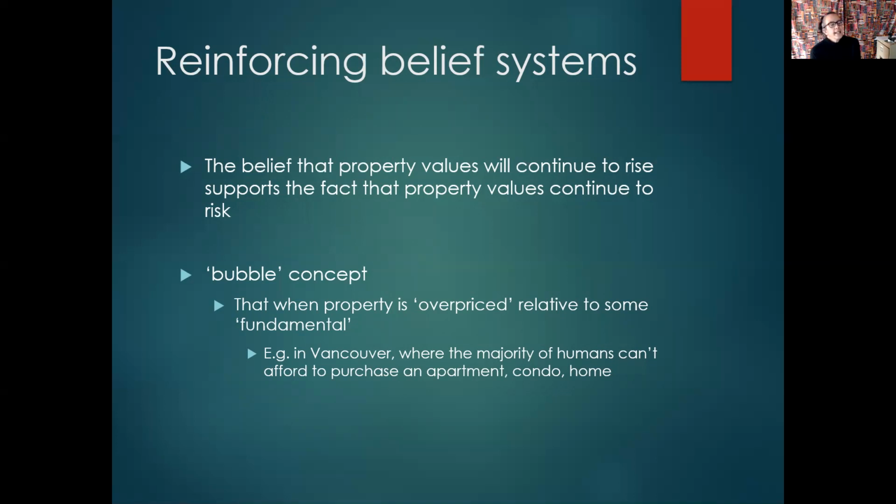But it hit Canada less hard because we have better regulation of banking, so our mortgages weren't at risk. But that financial crash lowered a lot of property values in a lot of places. So just so you know, it can happen and does happen. Property values can fall.